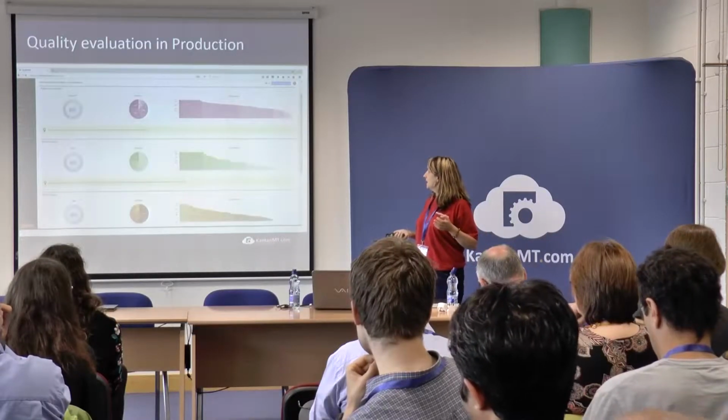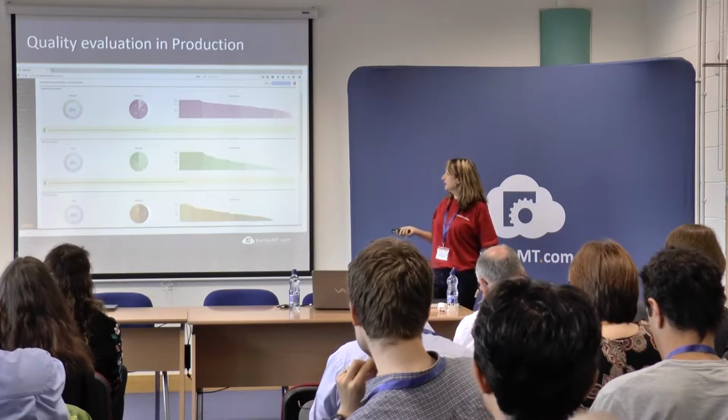This is more or less what we want to get when we create our first iteration of an engine. And once it's got this threshold, then we do something else. We evaluate it maybe with our linguists or our clients' linguists. And this is how it looks in KantanLQR.